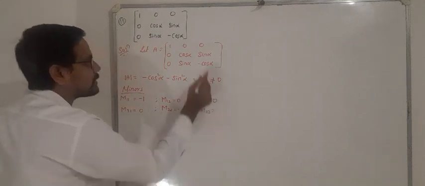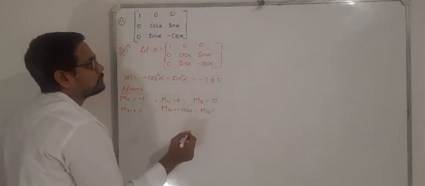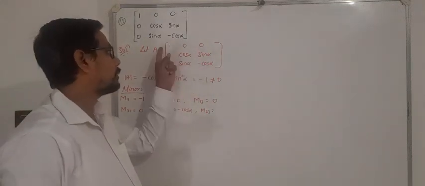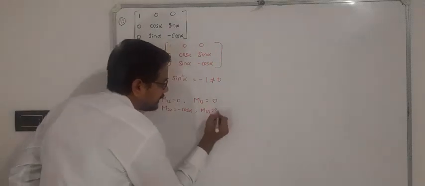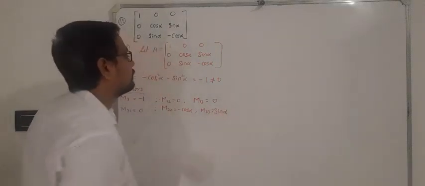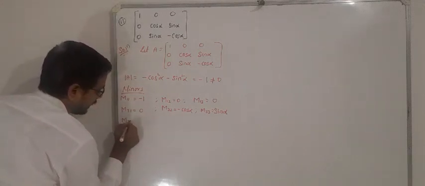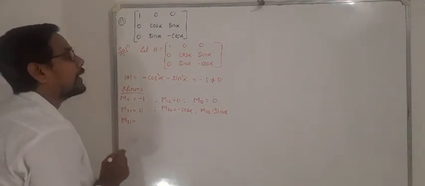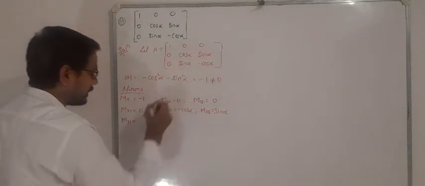M23 is the minor of this one, 1 0 0 sin alpha. So the minor of this one will be 1 into sin alpha, which is sin alpha. M31 is the minor of this particular thing, 0 0 cos alpha sin alpha, that is 0.